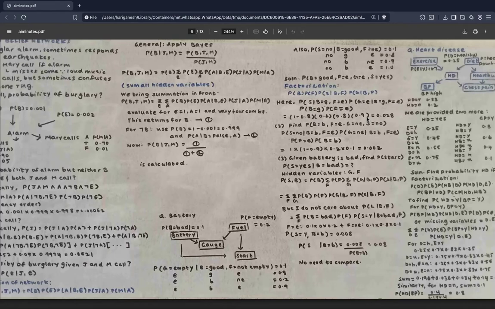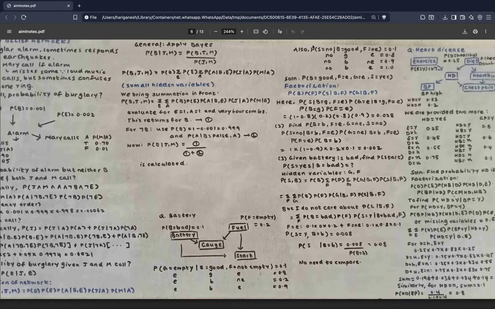So the second question we are asked is find probability of B battery being bad, fuel being empty, gauge being not empty, and the vehicle not starting. So again, we take all of the probabilities and we substitute. The same factorization we take, substitute S equals no, G equals NE, then we compute the probabilities from this table.